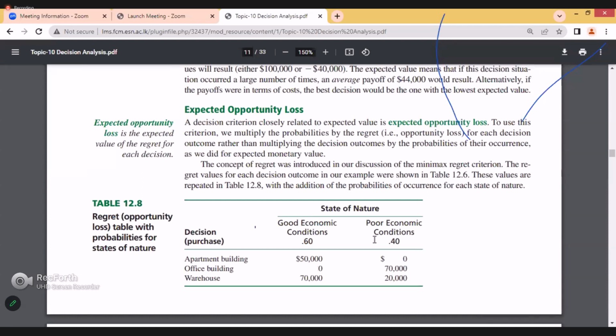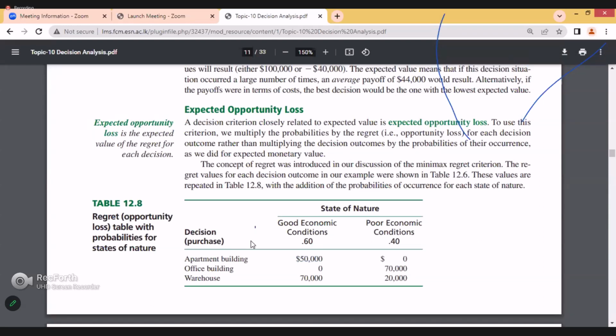Okay. Then expected opportunity loss. It's the expected value of the loss from each decision. Here they are considering opportunity cost. While choosing the best one, the other thing is ignored. Those two options, in binary format. So while we are losing one thing at the decision-making point, there is an opportunity lost.